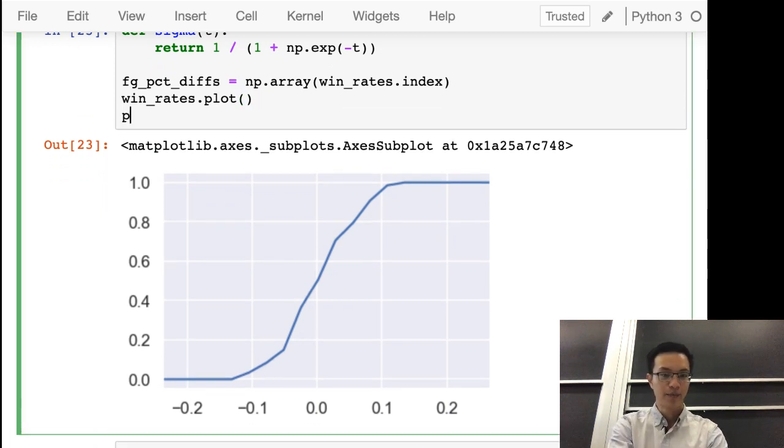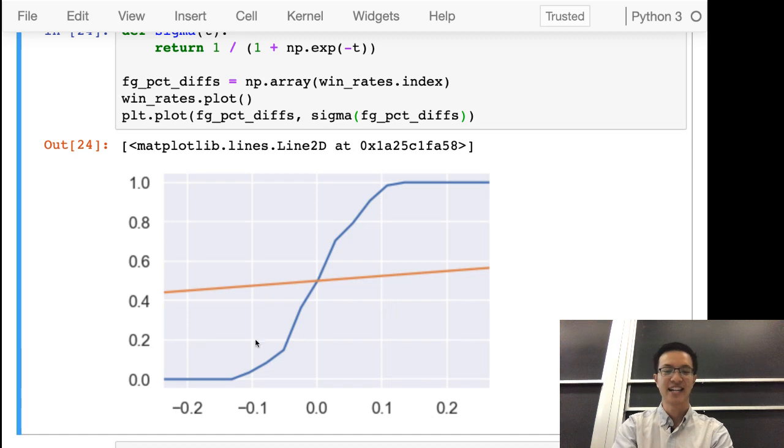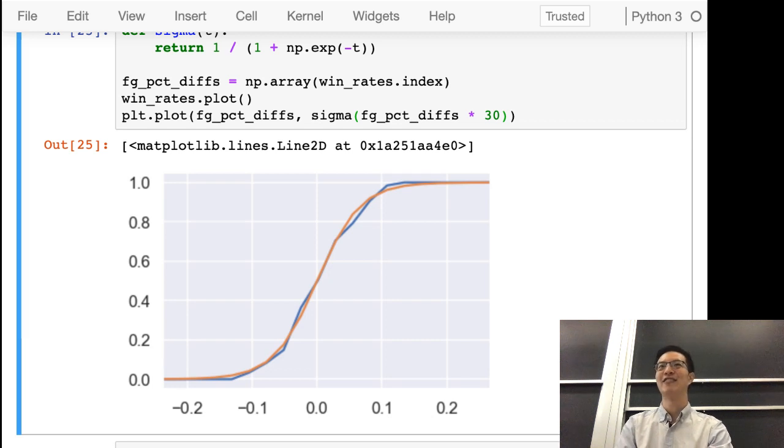And if I plot on top the x values and the sigmoid of the x values, I'll get a curve that doesn't quite fit the data, but if I multiply by 30, it fits the data quite well. If I multiply by 20, it doesn't fit so well.